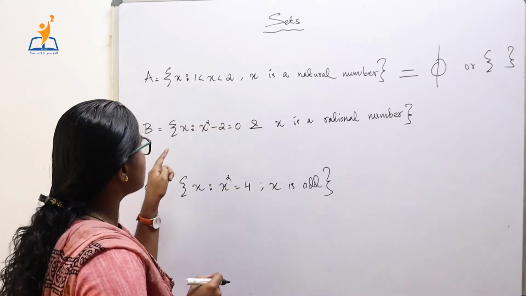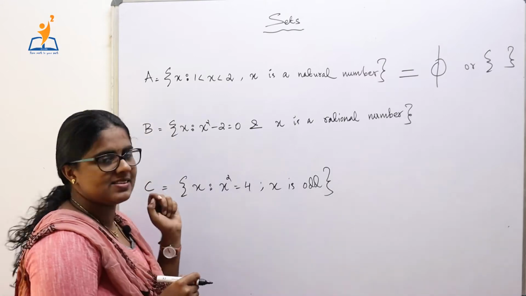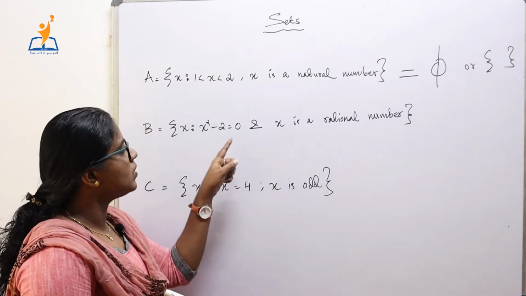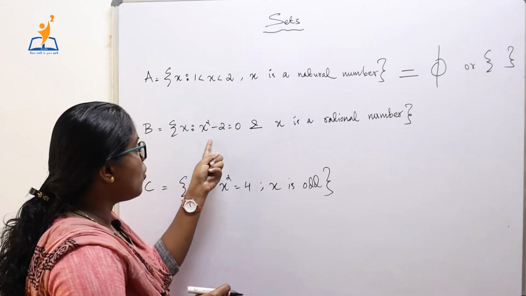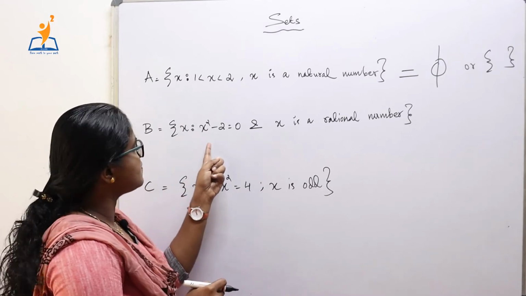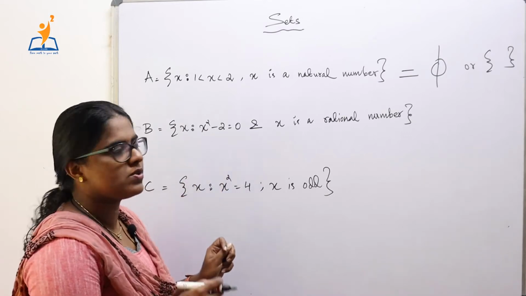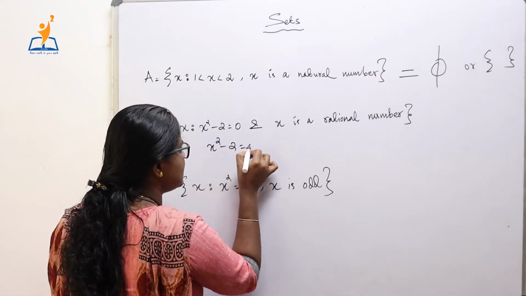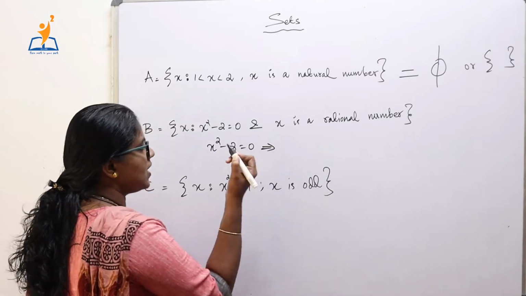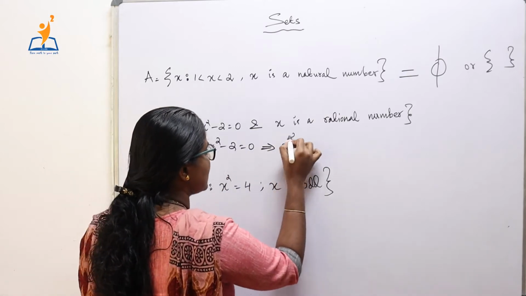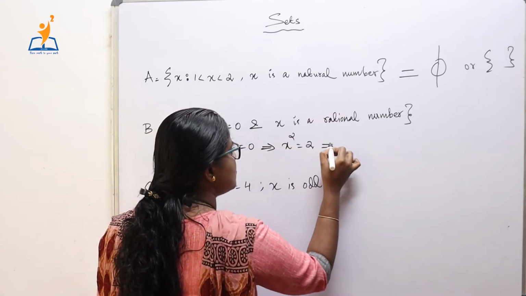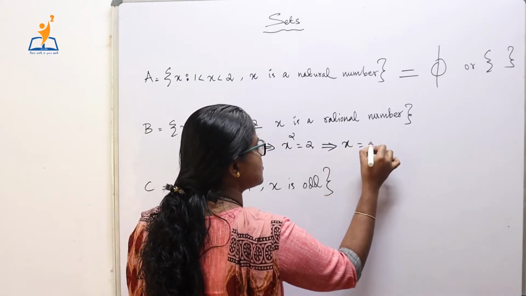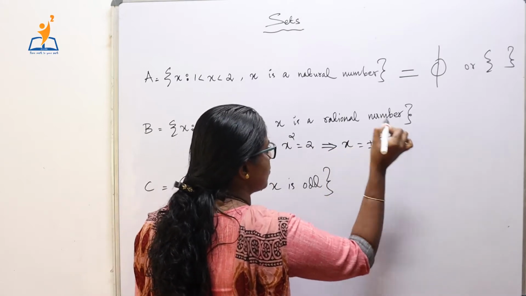Now, moving on to the second example. Set B is the set of all x such that x square minus 2 equals 0. All the x's should satisfy the condition x square minus 2 is equal to 0. Now, x square minus 2 equals 0 implies x square is equal to 2, which implies x is equal to plus or minus root 2.